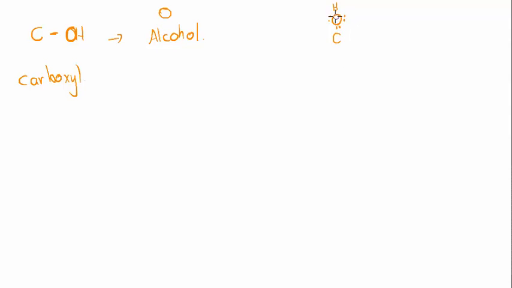Now, what did we see earlier? When oxygen and hydrogen bond, what do we call that bond? When hydrogen bonds with a highly electronegative element, oxygen is second highest, we call it hydrogen bonds. In other words, the forces that exist in alcohol are hydrogen bonds.